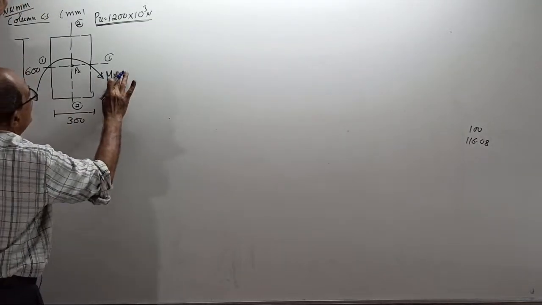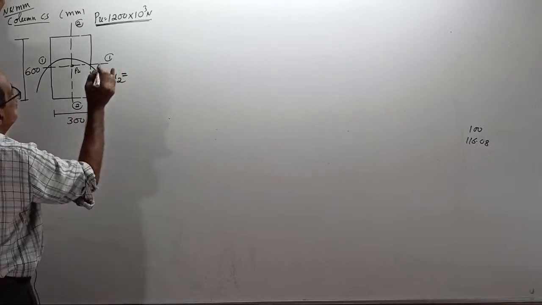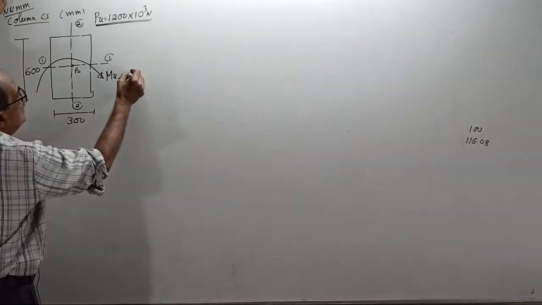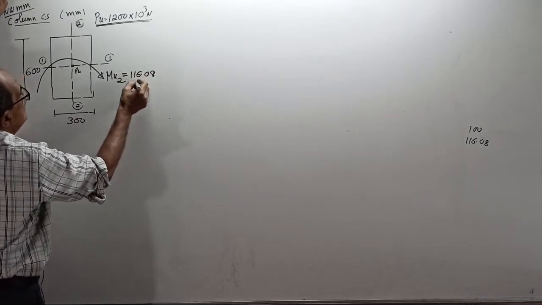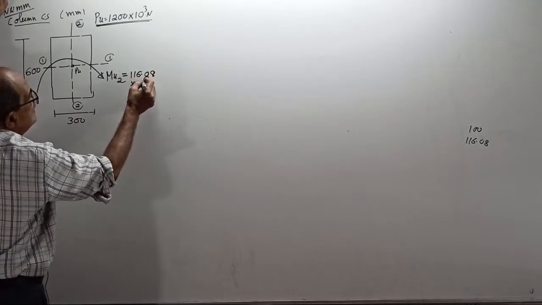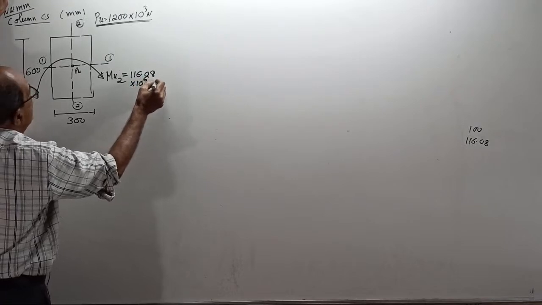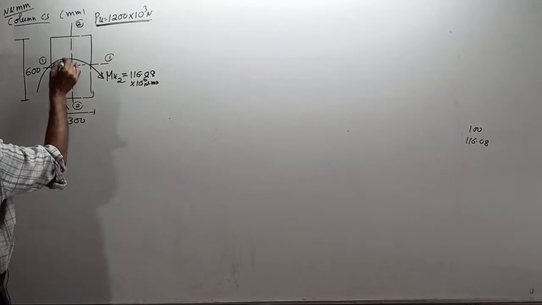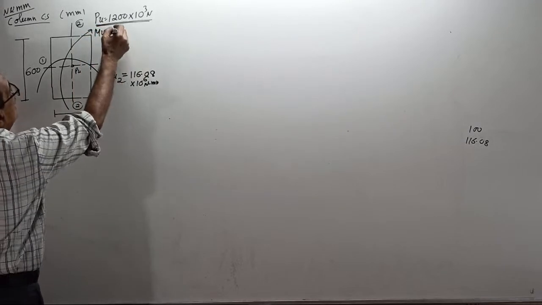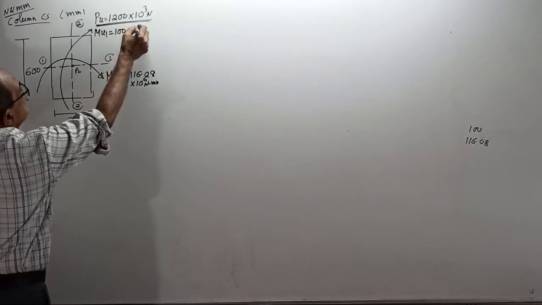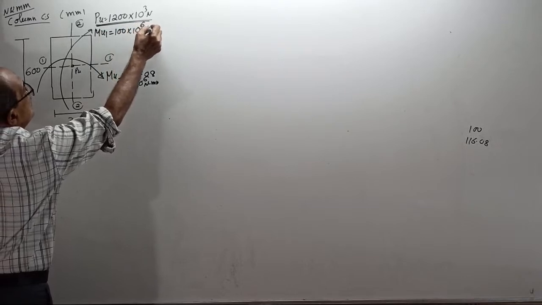This is not mu1, sorry. See, this is mu2. mu2 of 116.08 into 10 to the power 6 Newton millimeter, and this way BM mu1 of 100 into 10 to the power 6 Newton millimeter.